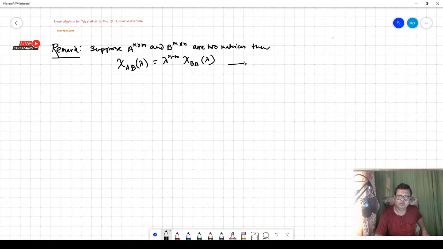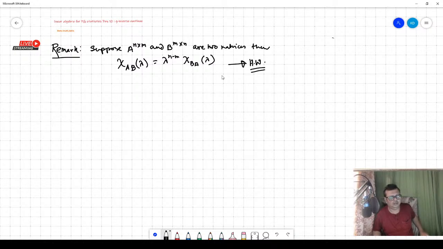This is your homework. Please solve this using the same procedure as the theorem I just proved. You can easily prove this, so please do it yourself.